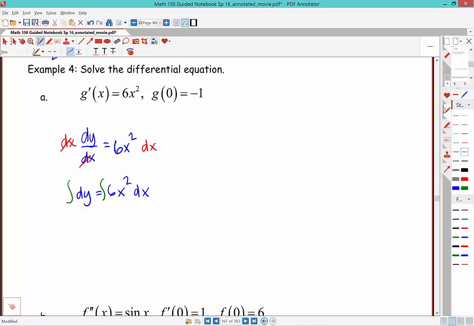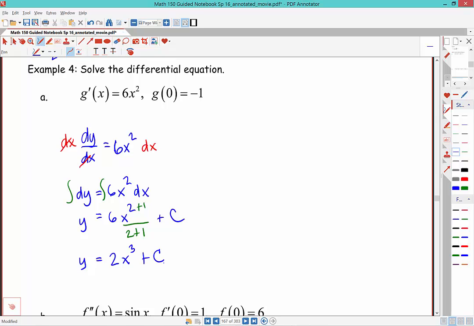The integral of 1 dy is y. And this guy is going to be 6x to the 2 plus 1 over 2 plus 1, plus our constant of integration. So we end up with y equals 2x cubed plus c.